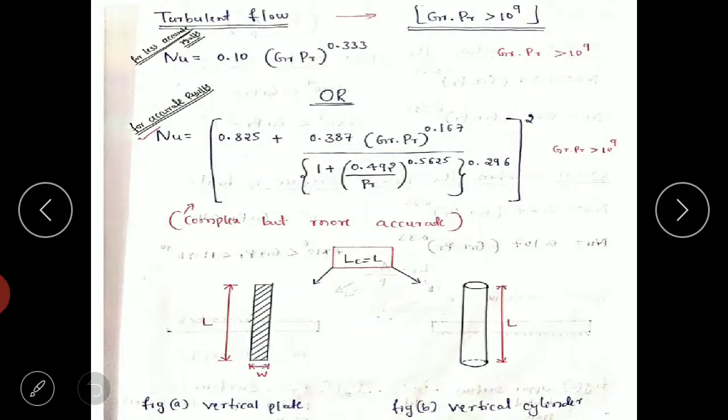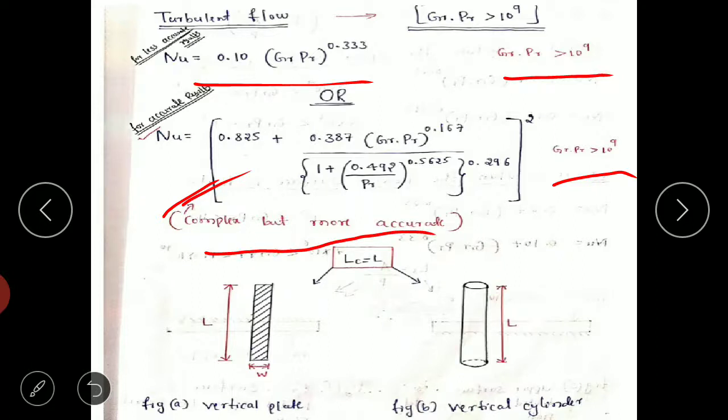For turbulent flow, the range is greater than 10 power 9. We have two formulas. We can use the first formula if you have very little time in the examination. If you have sufficient time, you can use the second one. The second one gives accurate results, but it is slightly complicated.